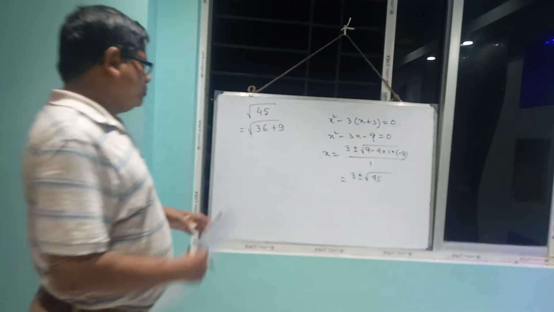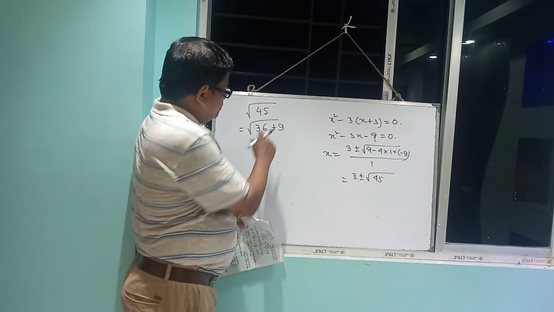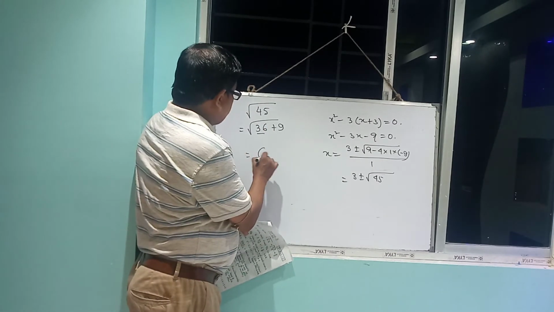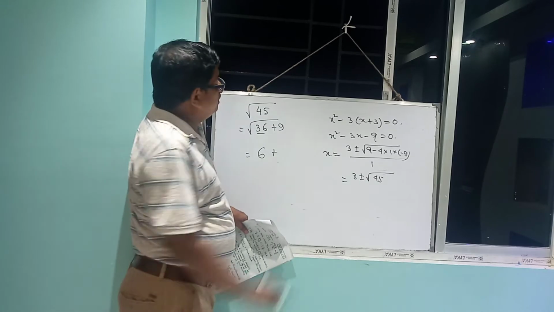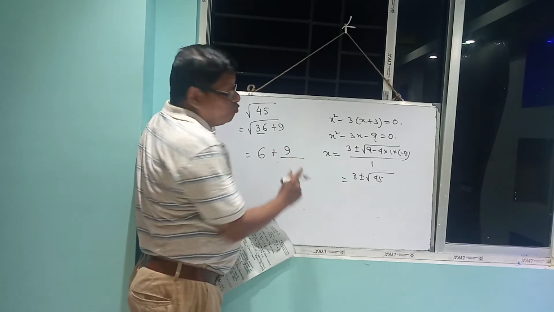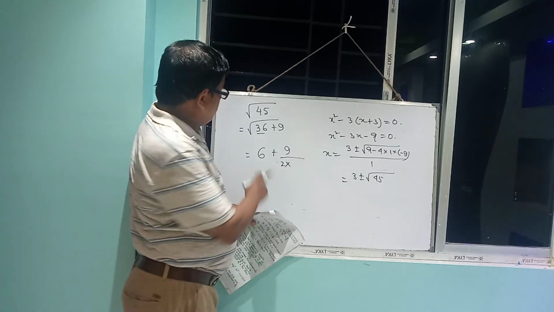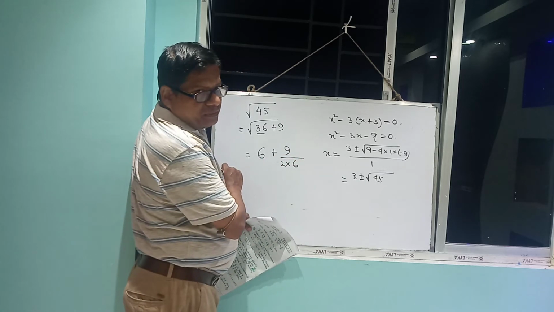What I am saying, see, 36 plus 9: 6 square is 36, so write 6 plus the remaining 9, divided by 2 compulsory, multiplied by 6. Understood?